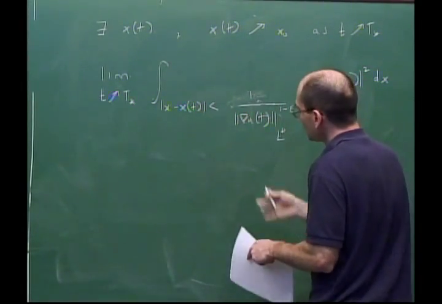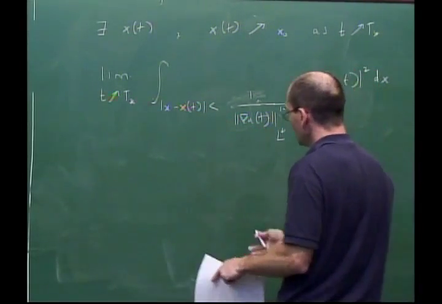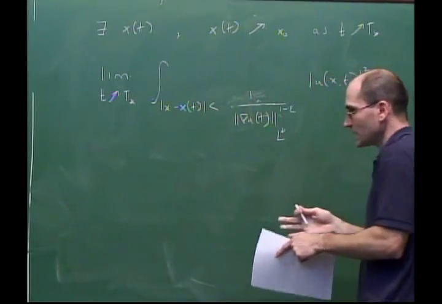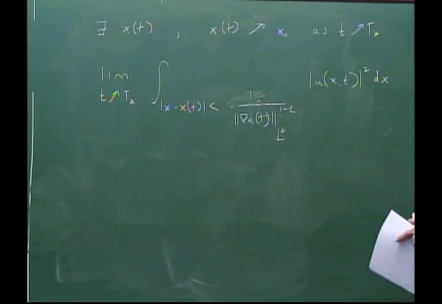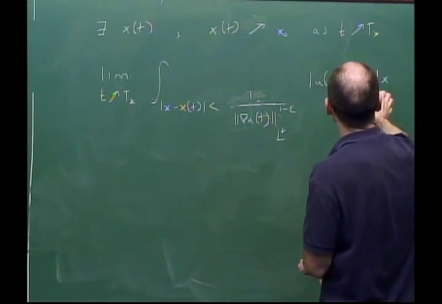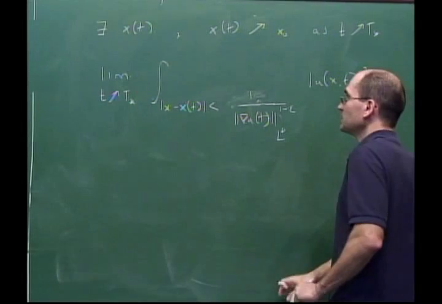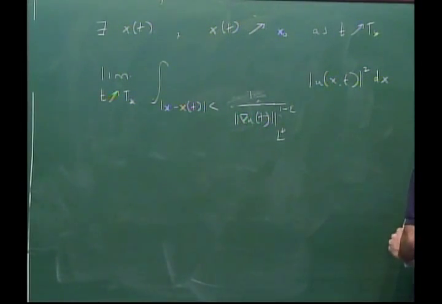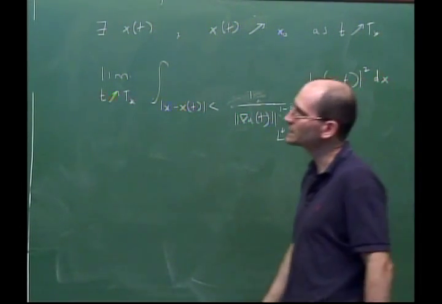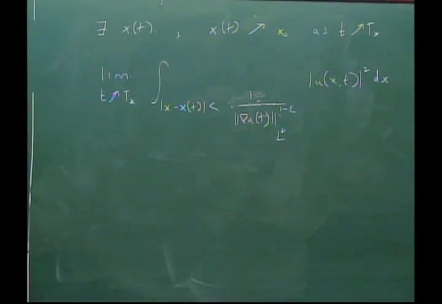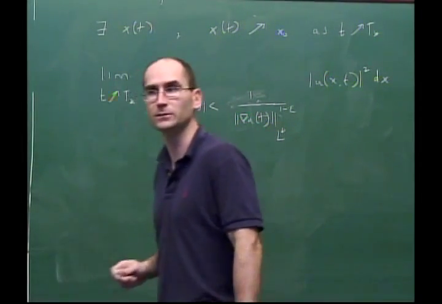And so it's focusing in on we're zeroing in on the point x of t, but we're looking at a smaller and smaller neighborhood of it as we approach the blow-up time, and just computing the L2 norm on that shrinking neighborhood. And the result says that in the limit, it's at least q squared. So it concentrates mass at a point, and the mass that's concentrated is at least that of q.